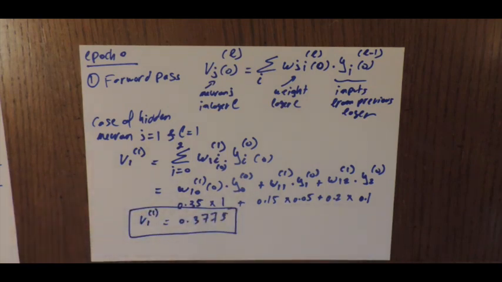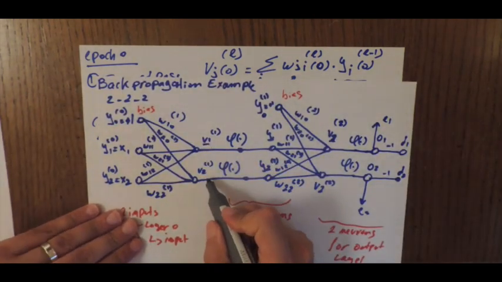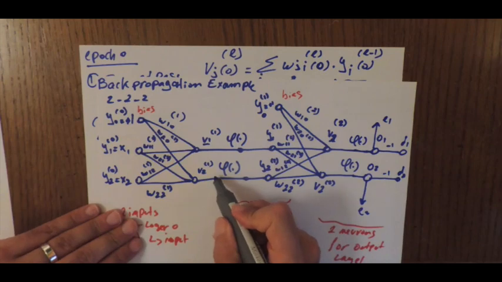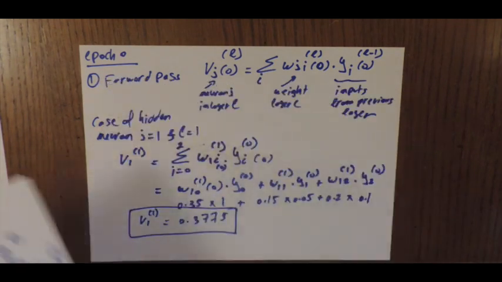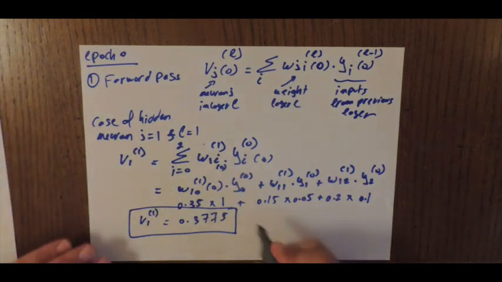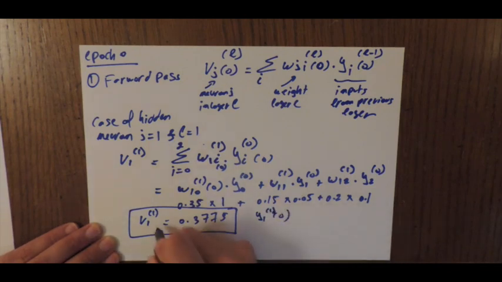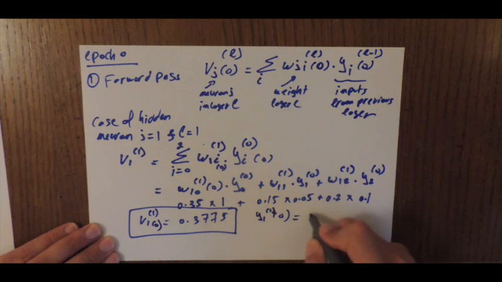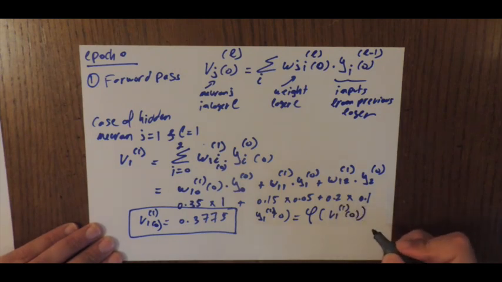So now we got this first value. Now we need to get V2 of 1 also. But before, let's continue and find the activation of this value. So we know that Y1 of 1 of 0, of course this is all for iteration 0, is equal to the activation function of V1 of 1 of iteration 0.